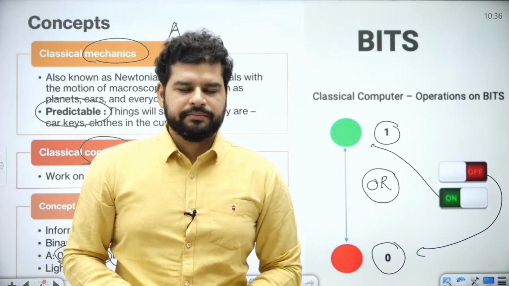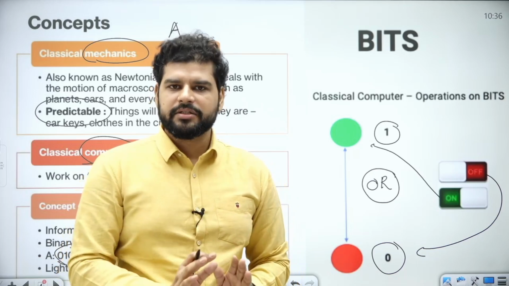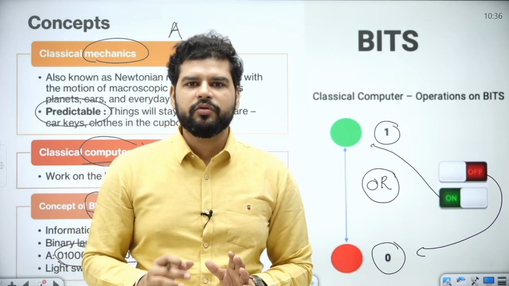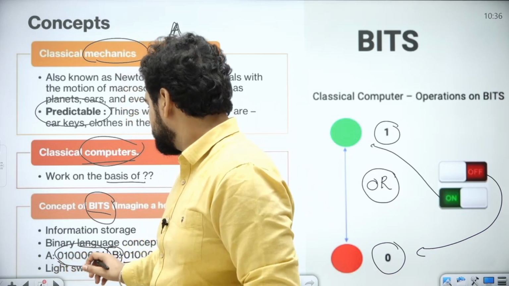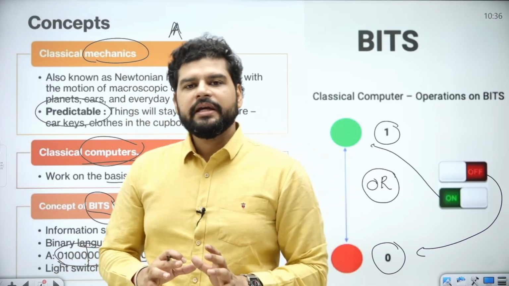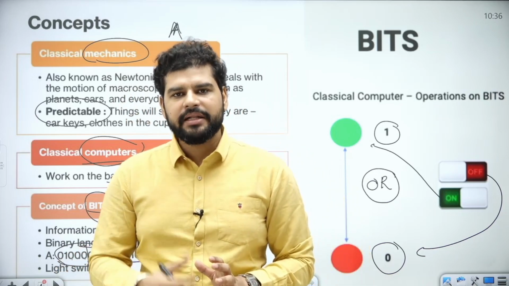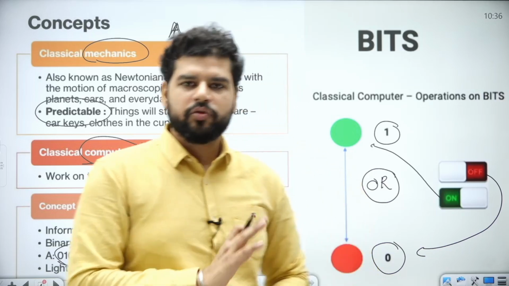You are typing A. A is part of English. You will see English, but the computer will understand 0, 1, and 5 zeros and 1. So A will be interpreted in binary language by the computer because it does not understand English, right? So this is why I've told you about bits.